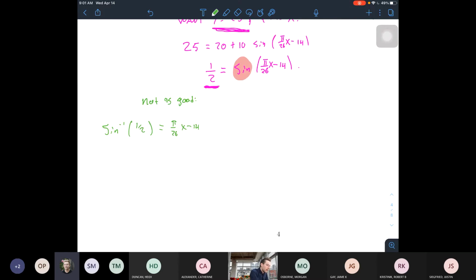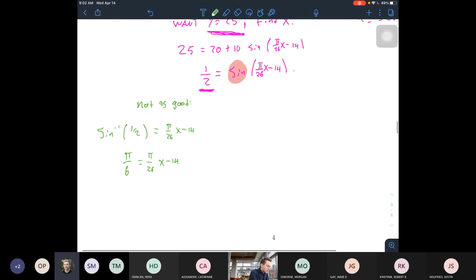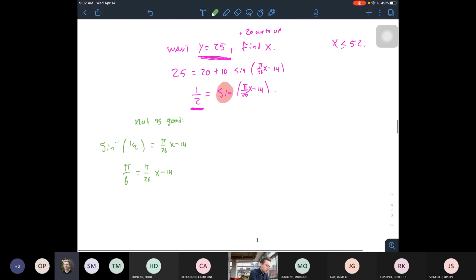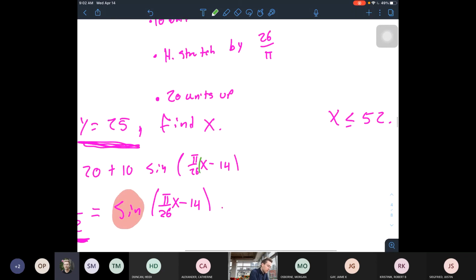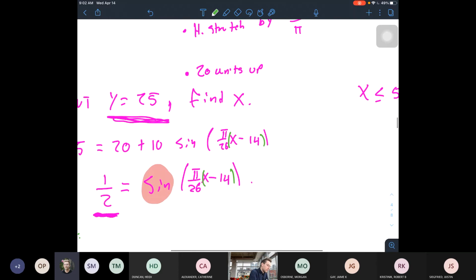And sine inverse of 1/2, that gets us pi over 3. No, sorry, that would be pi over 6. And then this is equal to pi over 26 times (x minus 14). No, sorry, I wrote this down wrong. x minus 14 is supposed to be in parentheses.